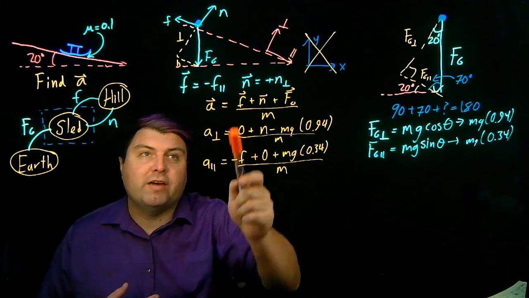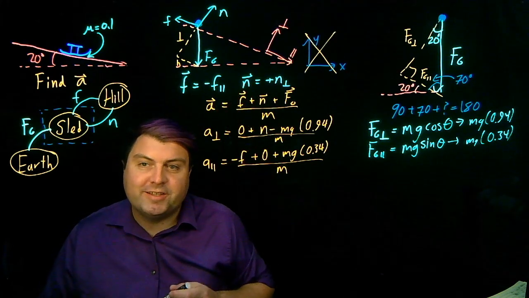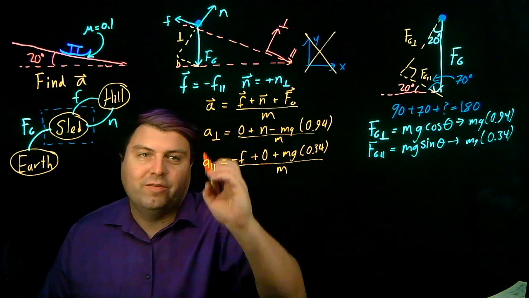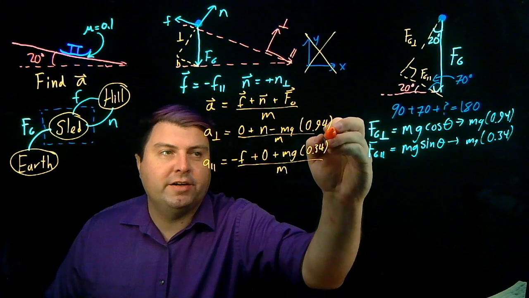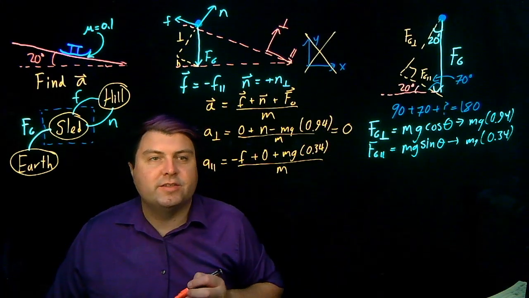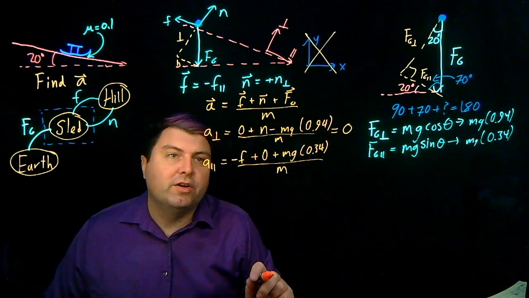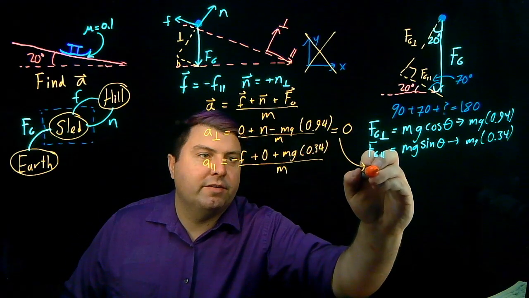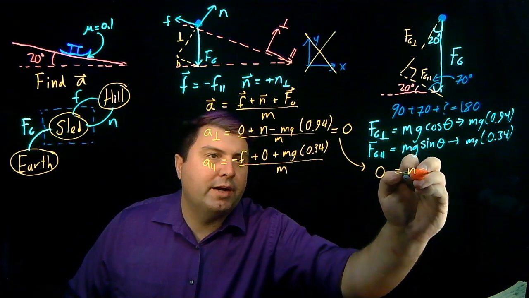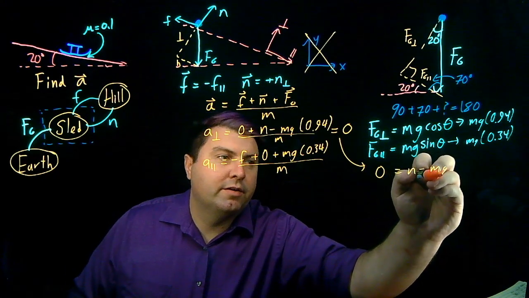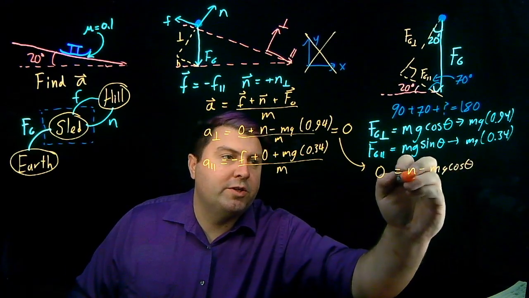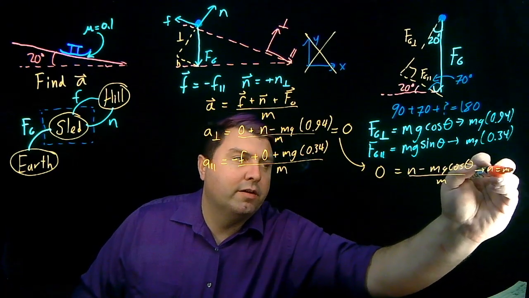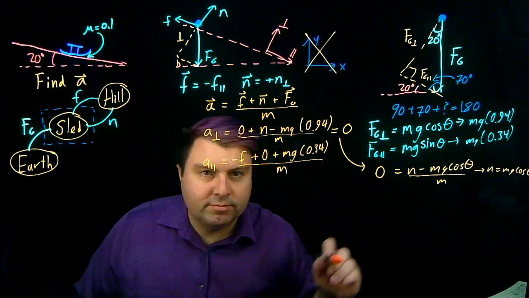Also, we have a normal force, and normal force means the acceleration perpendicular to the surface is 0. So this perpendicular acceleration is 0, and we can say 0 equals N minus mg cosine theta over m, or that N is mg cosine theta.